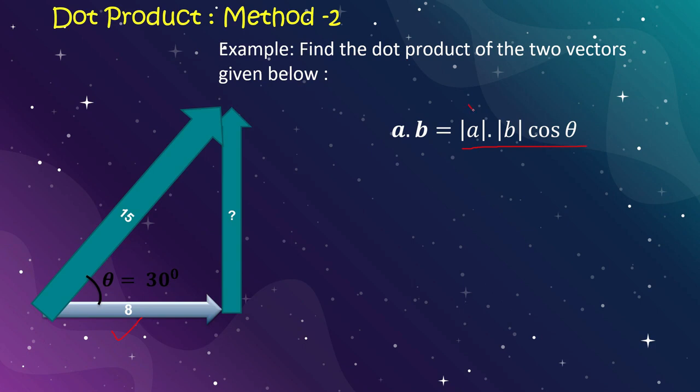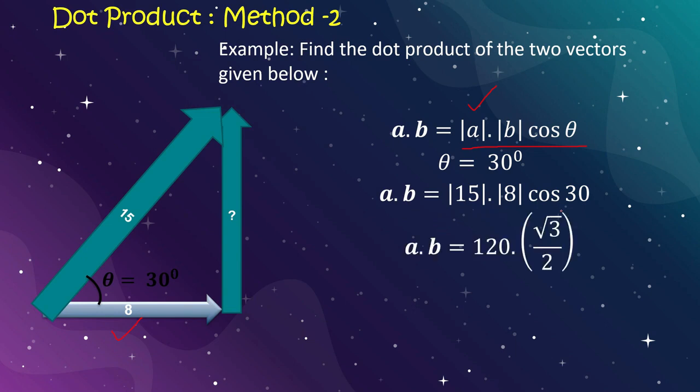This is the formula alternatively used to calculate the dot product, where mod of a is 8 and mod of b is 15. The angle between the two is given as 30 degrees. So, a dot b will be 15 into 8 cos of 30. If we solve it, we will get 15 into 8, which is 120.